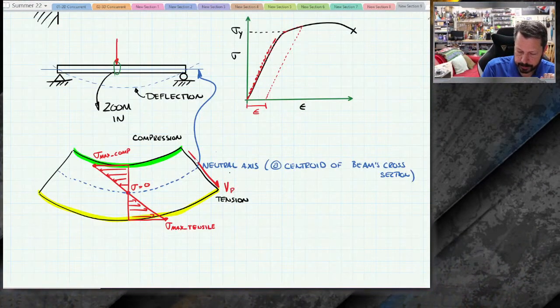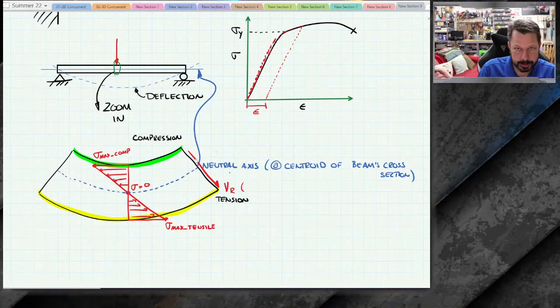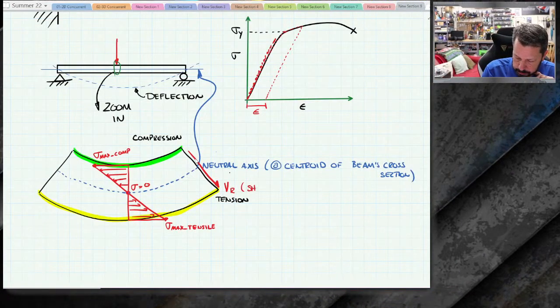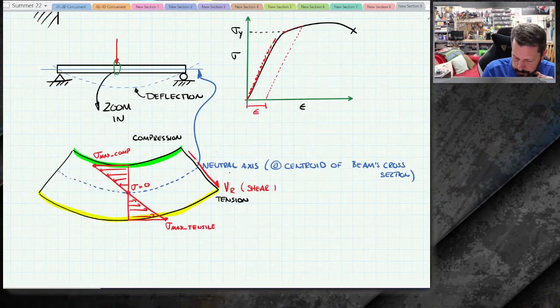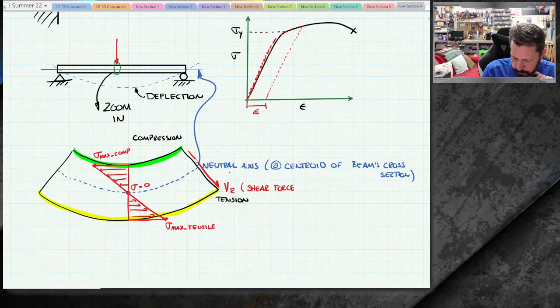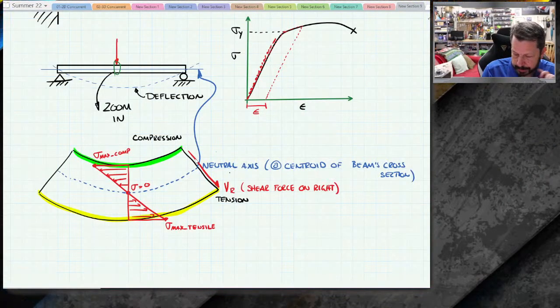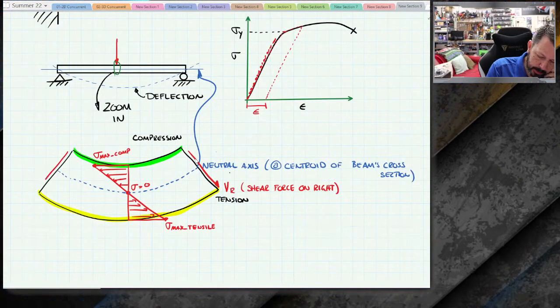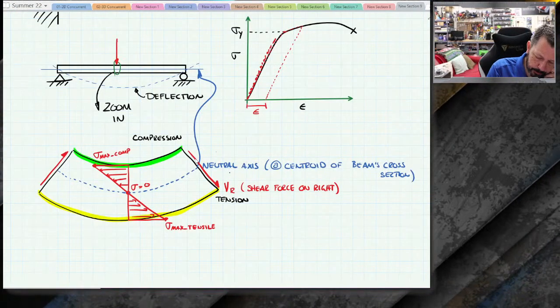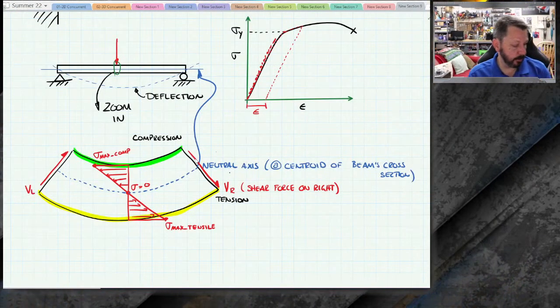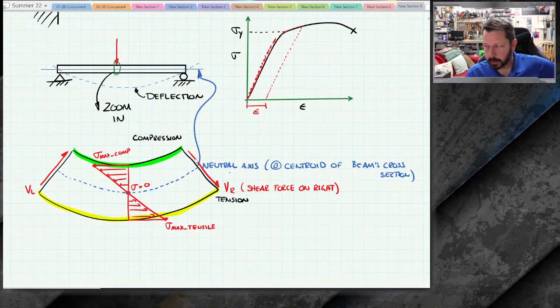I'm just going to call it VR, which is the shear force on the right-hand side of the beam. If there's a shear force on the right-hand side, you can imagine there's a shear force on the left-hand side also. They're not necessarily equal to each other, though. They can be different values.